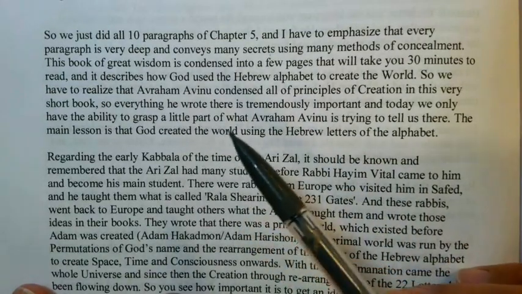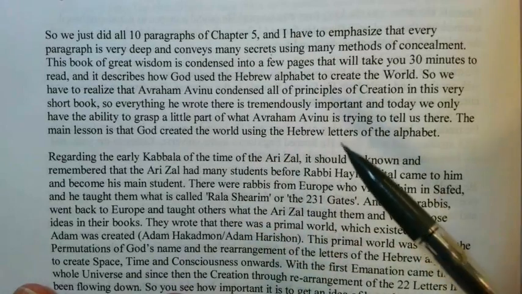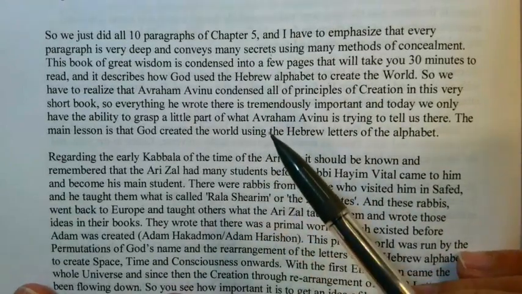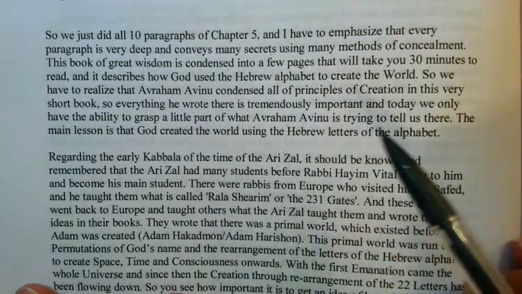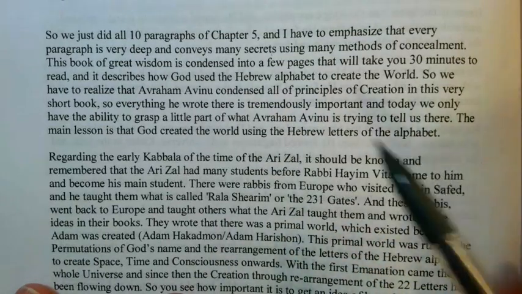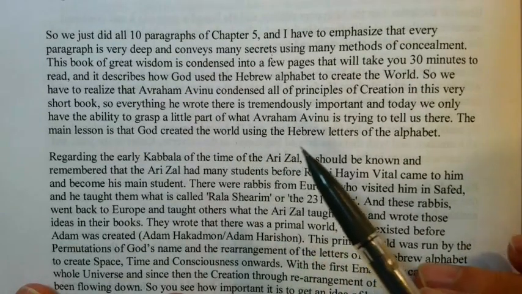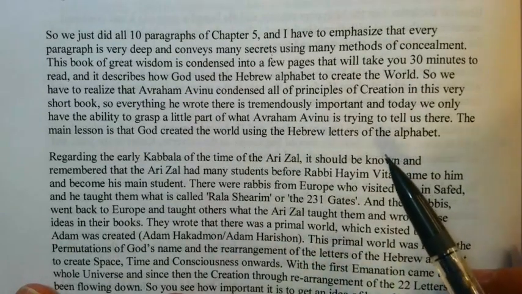So everything he wrote there is tremendously important, and today we only have the ability to grasp a little part of what Avraham Avinu is trying to tell us there. The main lesson is that God created the world using the Hebrew letters of the alphabet.